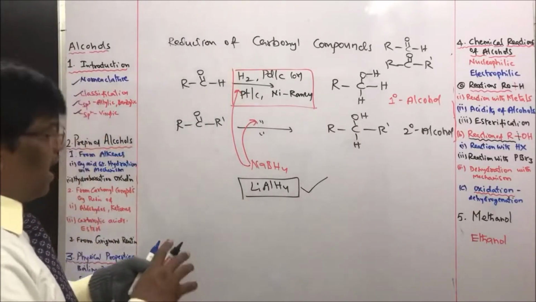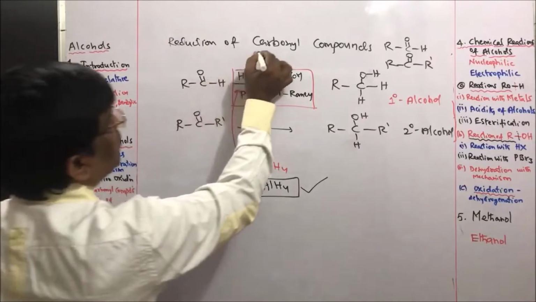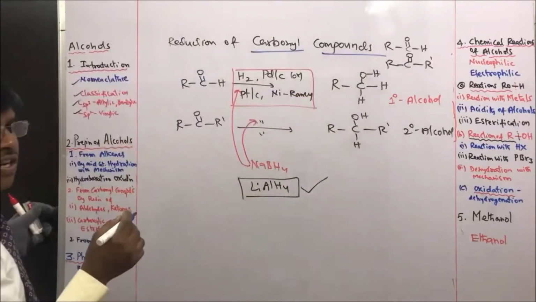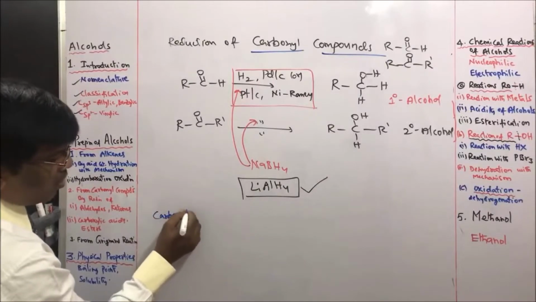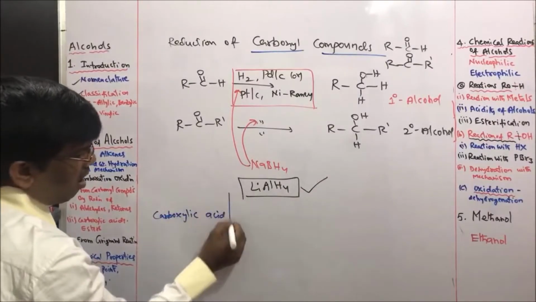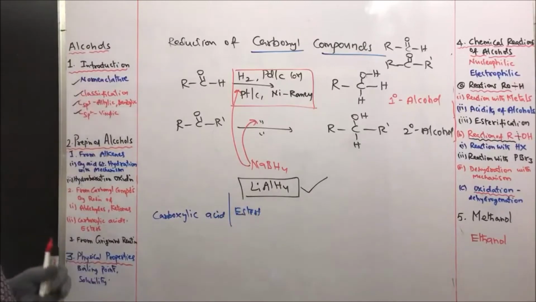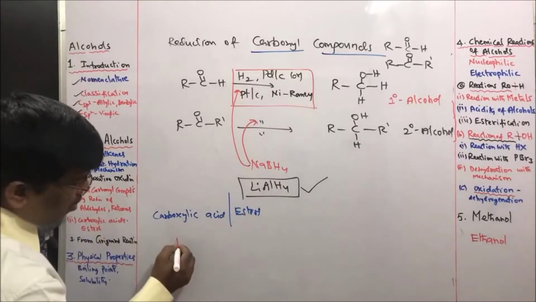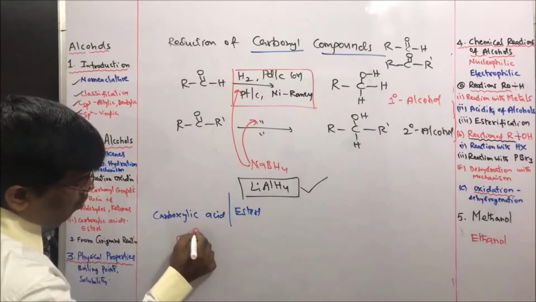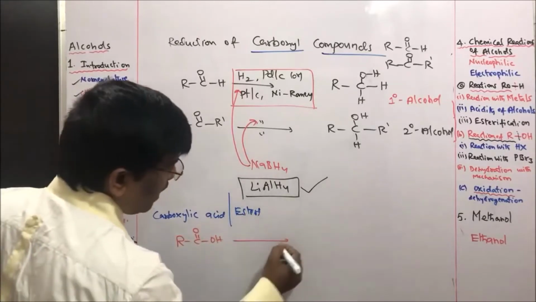Yes, students. And another important reduction method for the preparation of alcohols is reduction of carboxylic acids or esters. Let me write one carboxylic acid, RCOOH, and do the reduction.